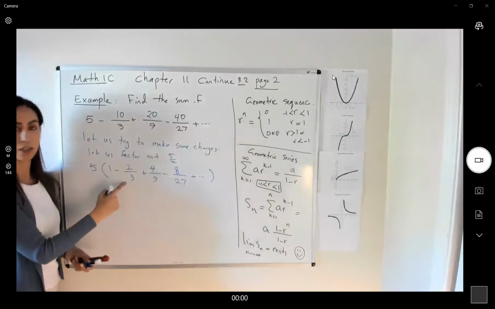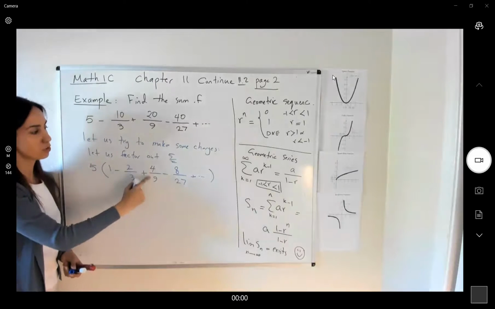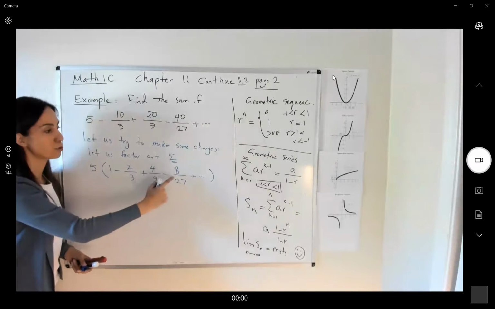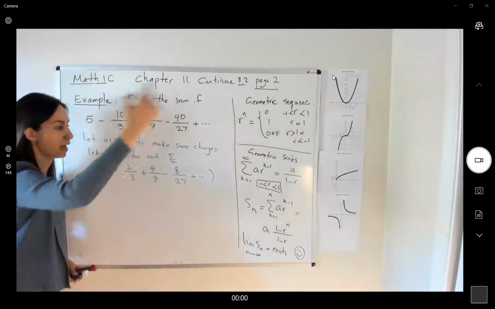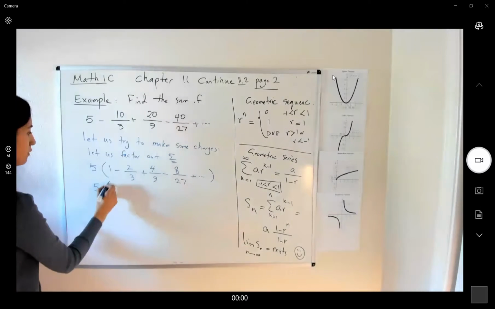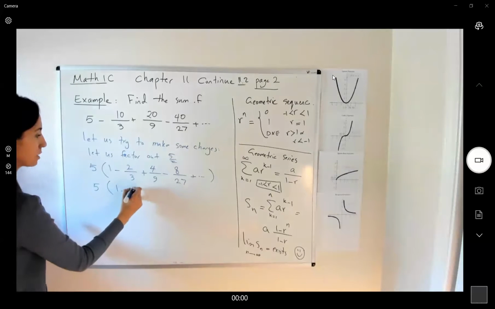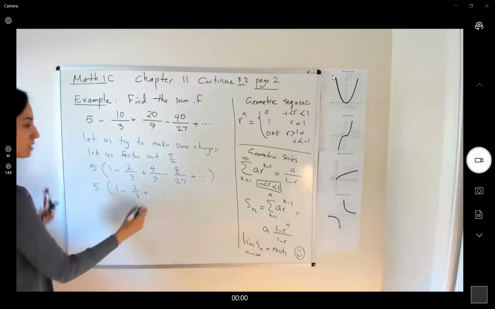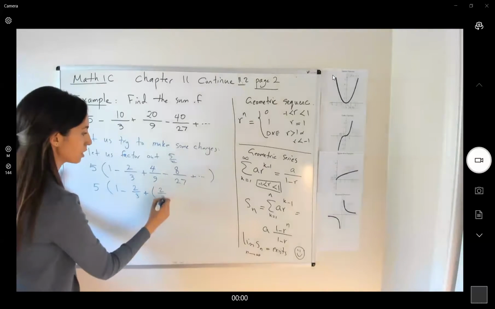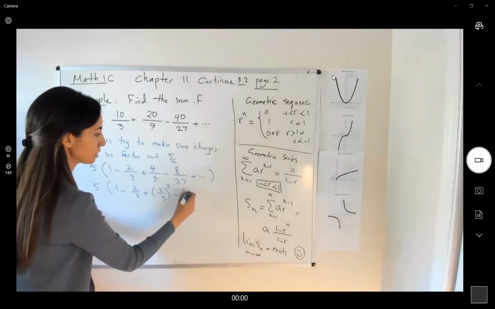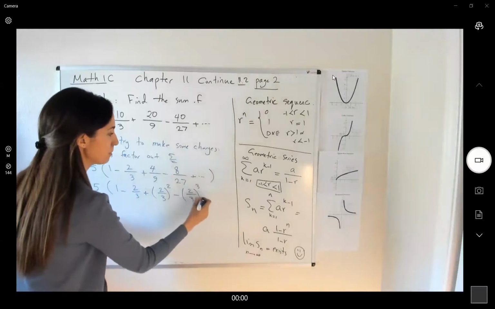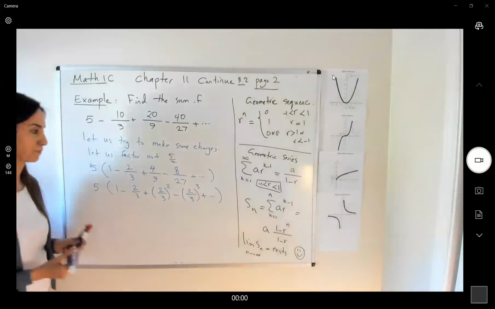This guy is 2/3. This guy is 2/3 squared. This guy is 2/3 to the third, and so on. So I have 5 in front of 1 minus 2/3 plus 2/3 to the second minus 2/3 to the third plus the rest of it.